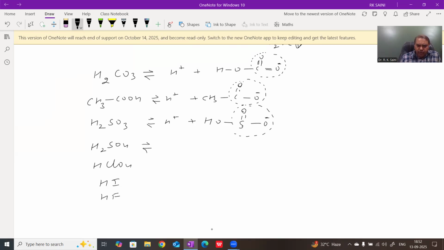In H2SO4 sulfuric acid, the bisulfate ion also exhibits resonance and its negative charge disperses over 3 oxygens, equivalently. In perchloric acid, after removal of H plus ion, the negative charge disperses over 4 oxygens, equivalently.